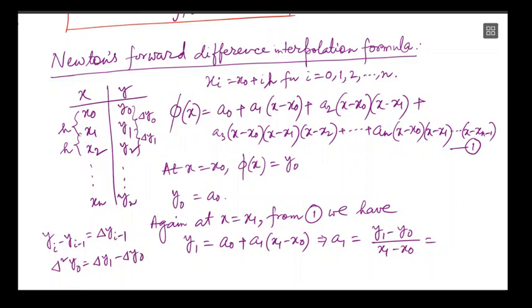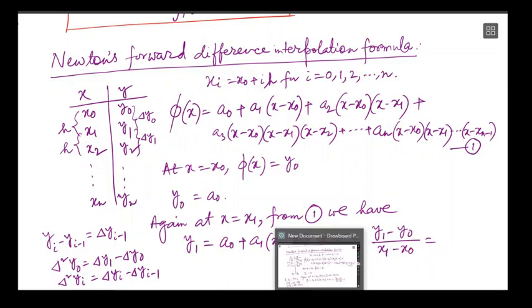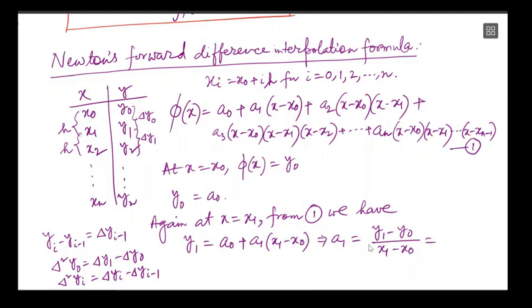In this way delta square yi equals delta yi minus delta yi minus 1. Similarly, we can have higher order differences. So a1 can be written as delta y0 by h.